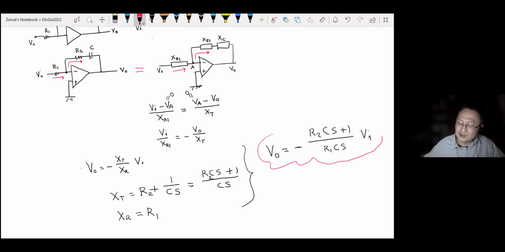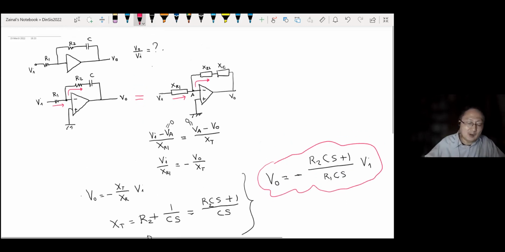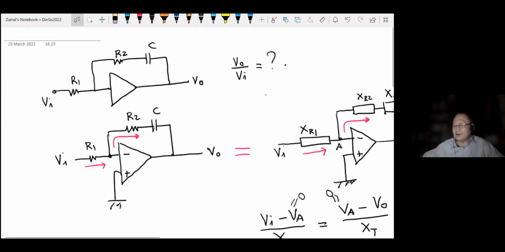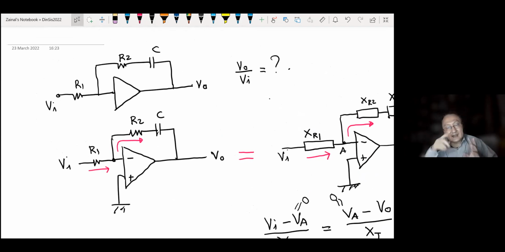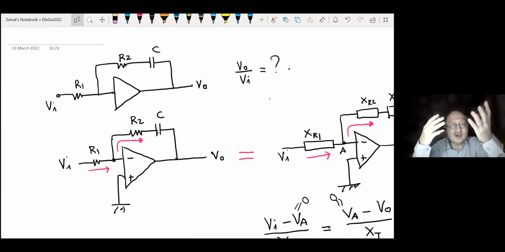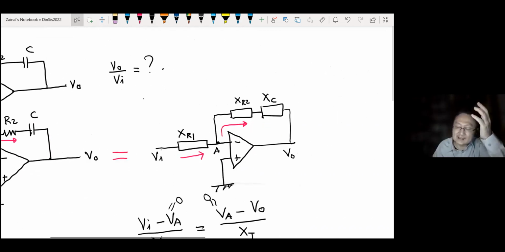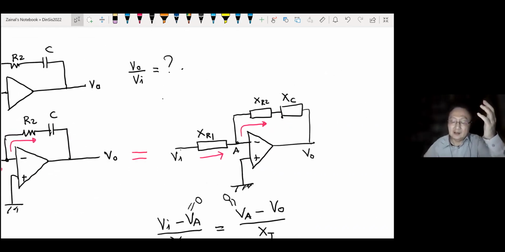Any question? So when you meet a capacitor, just assume it as a resistor with impedance equal to 1 over CS.